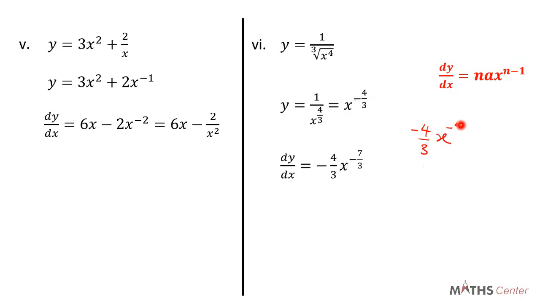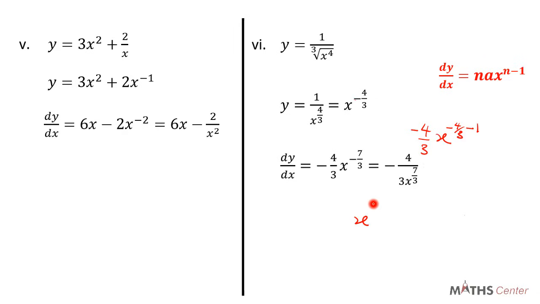So negative 4 divided by 3 minus 1, which gives us negative 7 divided by 3. So the dy dx will be equal to negative 4 divided by 3 x exponent negative 7 divided by 3. This can be written as negative 4 divided by 3x exponent 7 divided by 3.